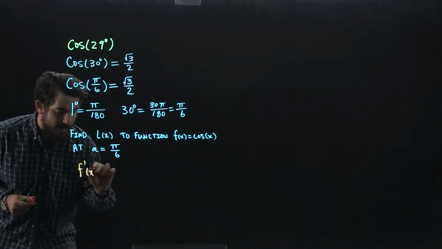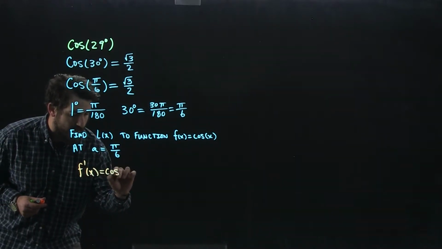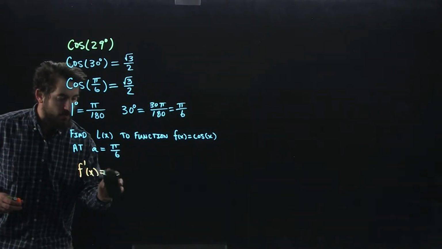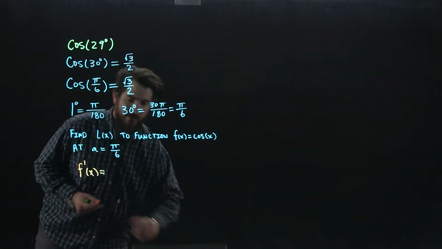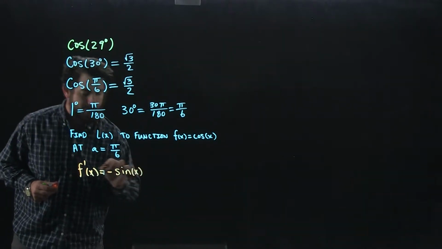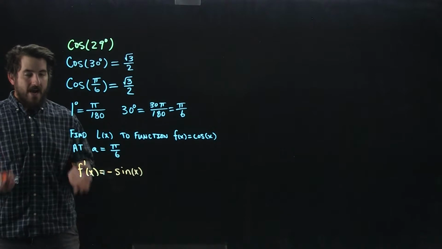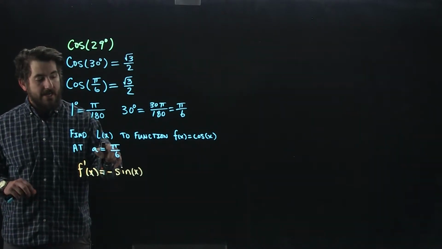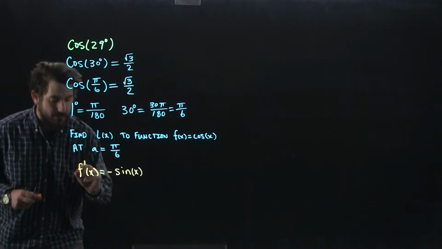F prime of x equals negative sine of x. Now, that is a function that will provide me with tangent slopes. I desire the tangent slope at x equals pi over 6.